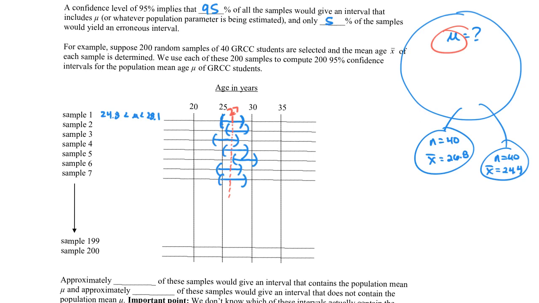And you typically just get one sample, because normally you have to pay somebody to come up with a sample. It's not free, right? Some research firm will get your sample for you, and you have to pay them, so you get your one sample. And with your one sample, you come up with your confidence interval. This particular sample happened to miss it. So this one right here missed it.